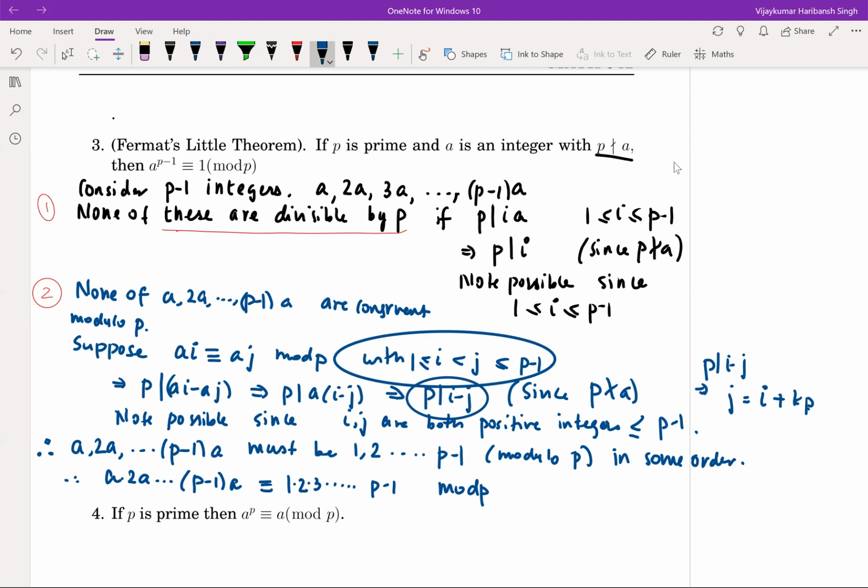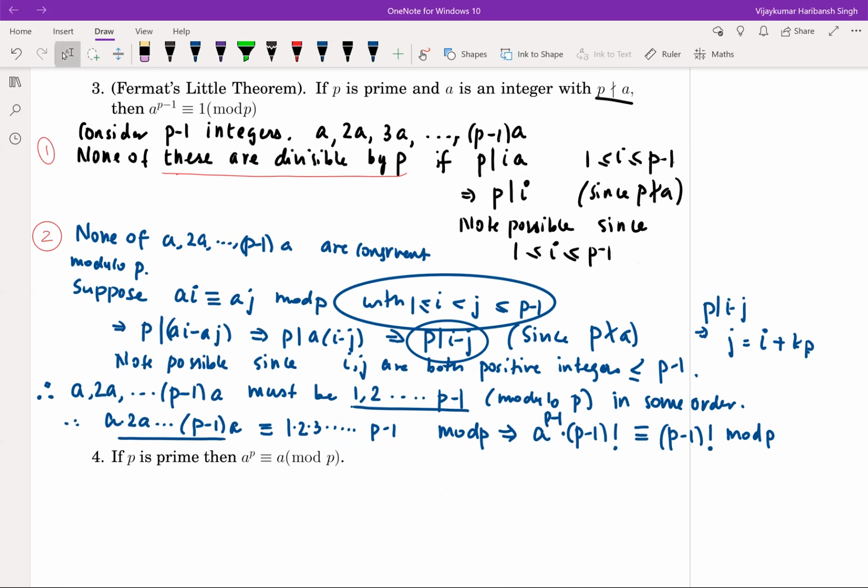Because these a, 2a, and so on must be 1 to p minus 1 modulo p. Now on the left-hand side, you get a to the power p minus 1 times (p minus 1) factorial. On the other hand, you get (p minus 1) factorial mod p.